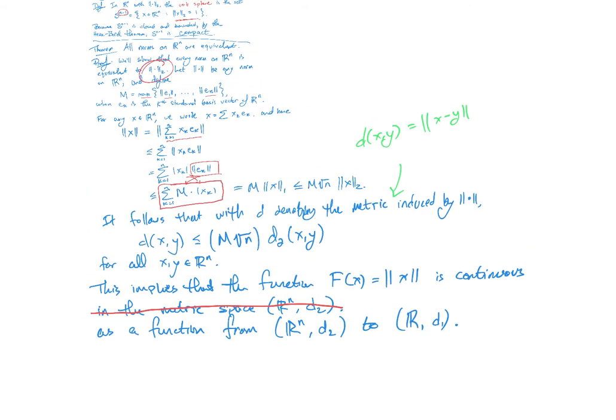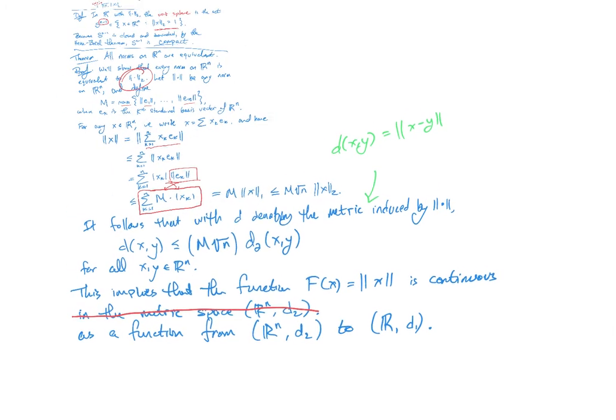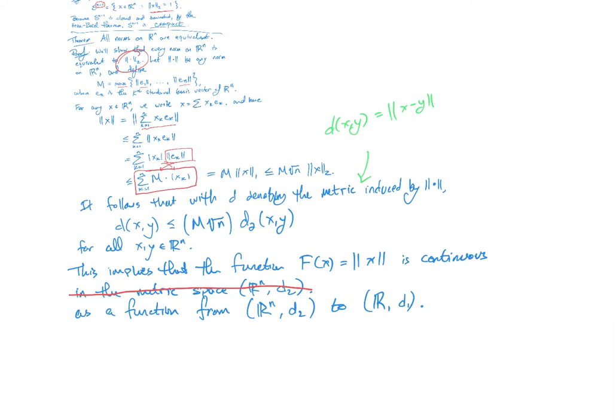Now, why is it continuous? One way is just to write out a proof. Suppose we want the absolute value of f of x minus f of y less than epsilon.